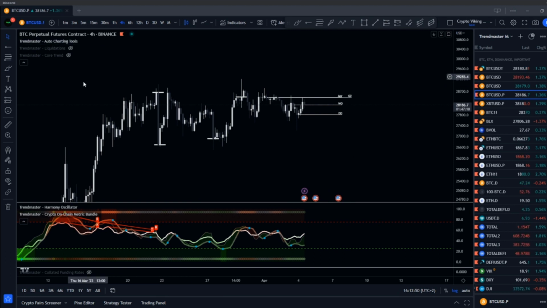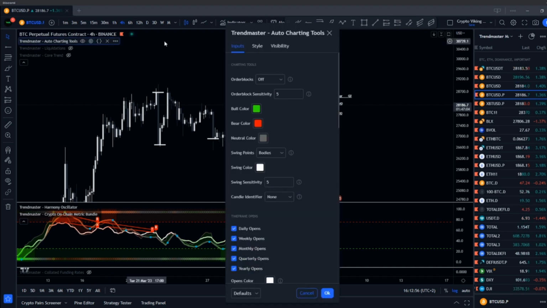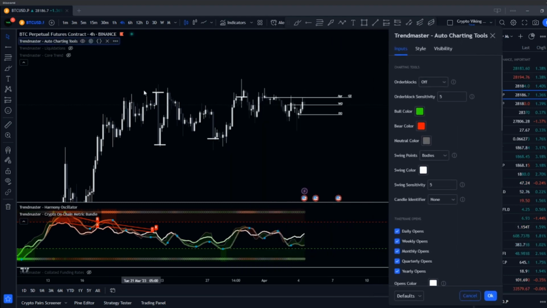So in any case, going into the indicator stuff and some of the functions. The baseline that I always use, specifically for auto charting, is the swing sensitivity. It'll only show the most important ones the more you lower it.